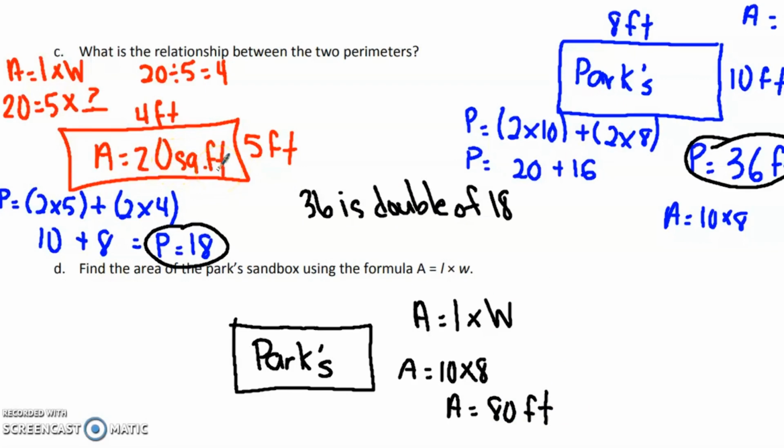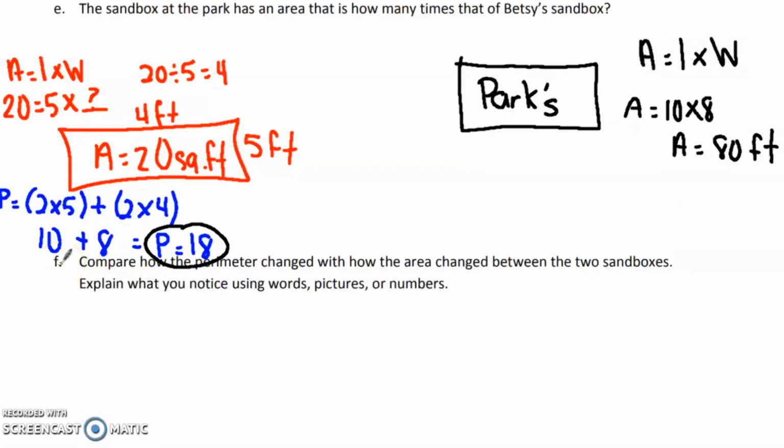All right, that's going to bring us to our next question. And here we go. All right, now, so question E says the sandbox at the park, which is this one, the park's, has an area that is how many times that of Betsy's sandbox? Betsy's area is this. Its area is 20 square feet. They want to know how many times more is that 80 square feet of Betsy's sandbox?